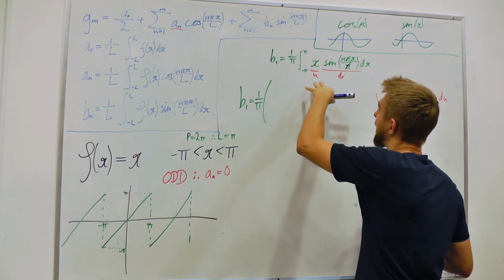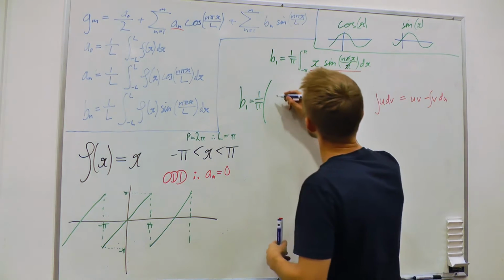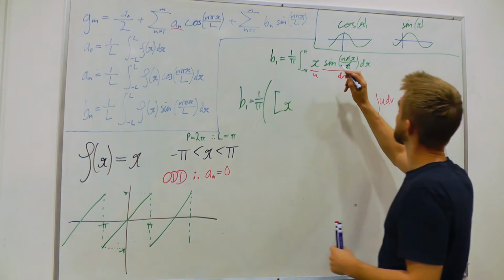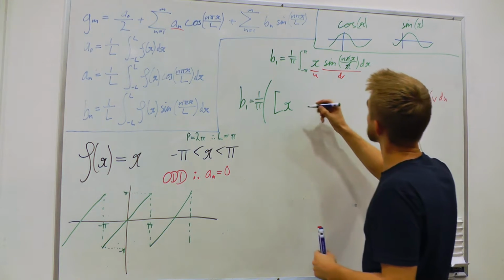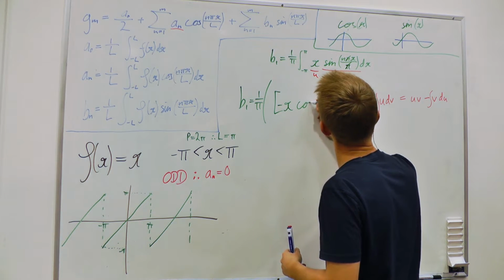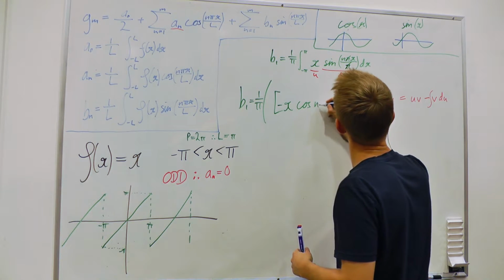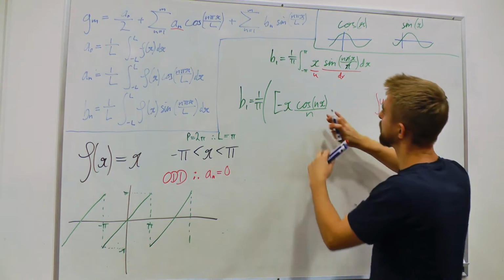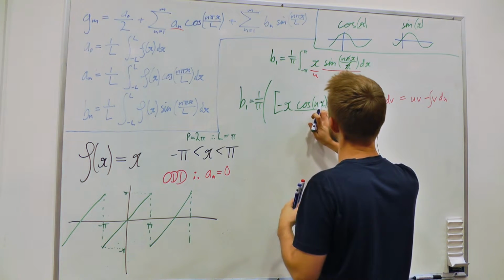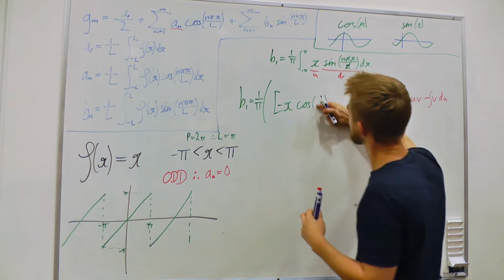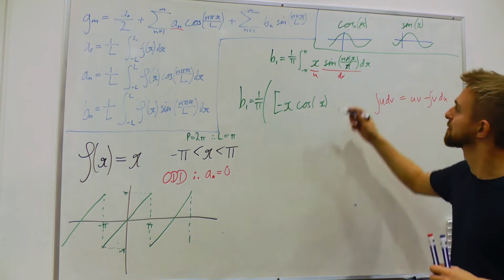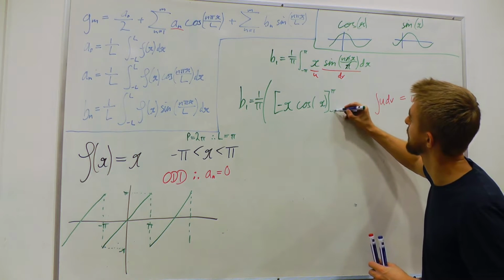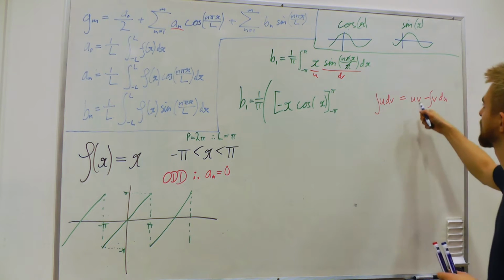We need to have x, which is u, so we've got some more brackets, x times the integral of this thing, which is just going to be minus cos of nx divided by n. And of course, we're finding b1, so n is just 1 in this case. So I can leave that as it is. Here we go, shut the brackets off here, and that's from minus pi to pi. So we've done our first term, our uv.